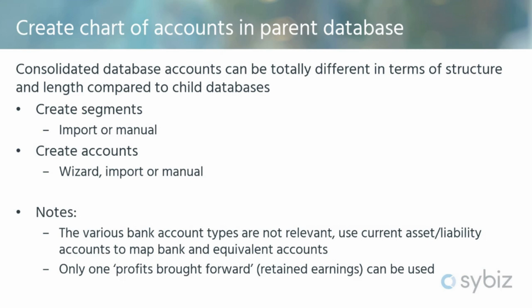That's just something to be mindful of if you are going to be doing separate reporting. In my context, if I wanted to do just a balance sheet for the data that's come from the Australian child company, then that's going to be a little bit skewed, because I'm having a single profits brought forward account.